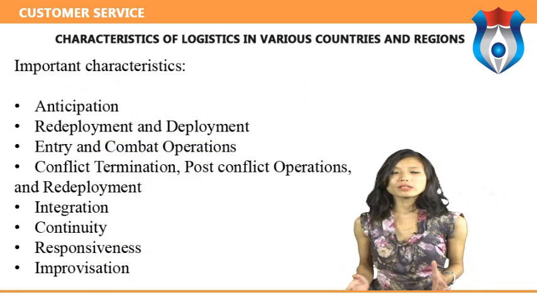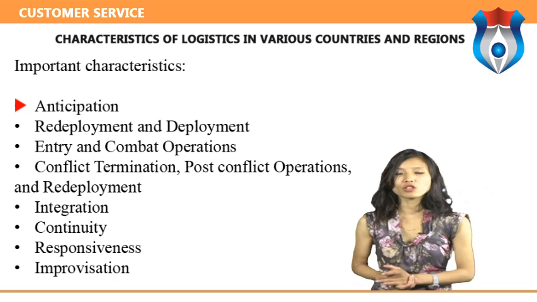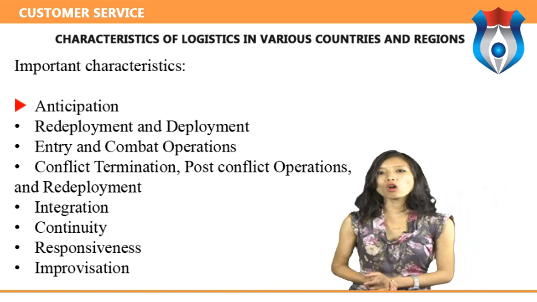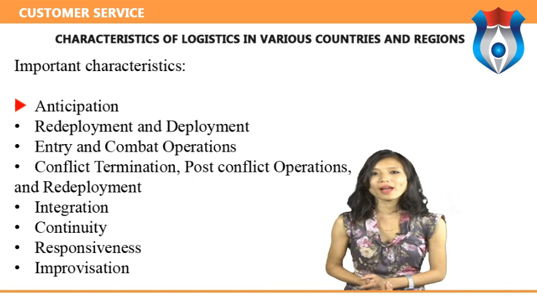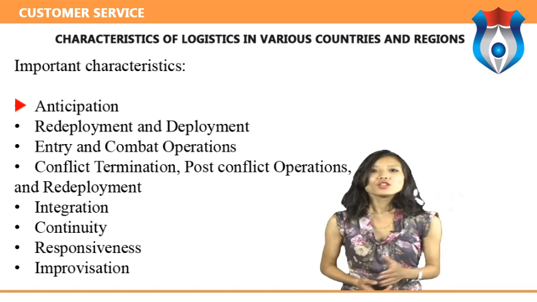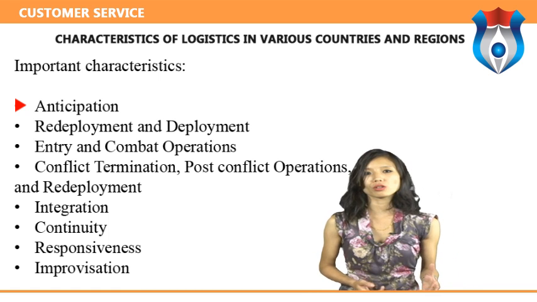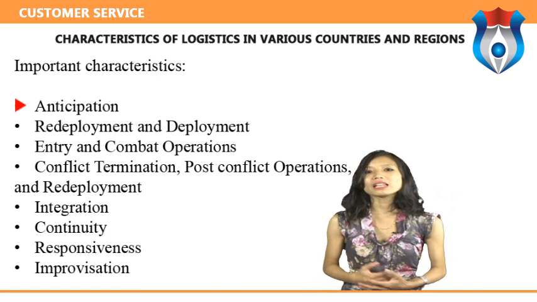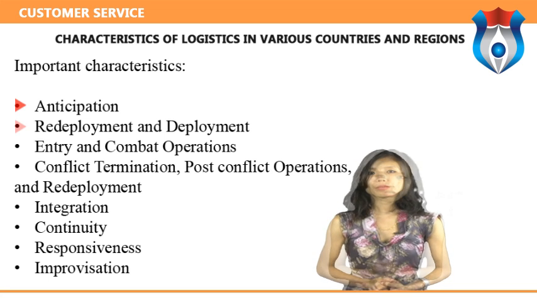These are some important characteristics. Anticipation. To anticipate means that the corps logistic planner is proactive rather than reactive before, during and after combat operation. Corps logistic planners look at least 72 hours into the future.